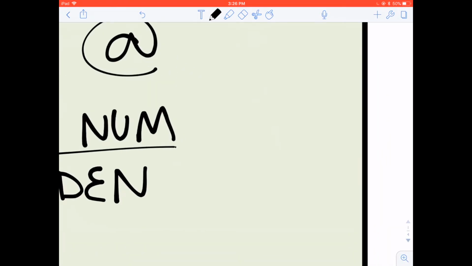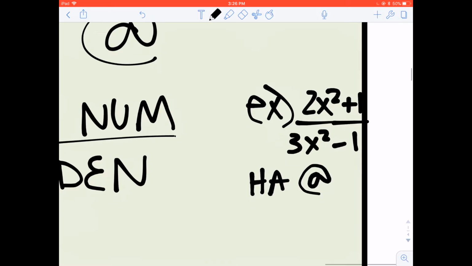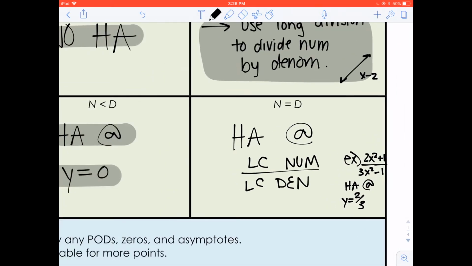As an example, if I had 2x squared plus 1 over 3x squared minus 1, the horizontal asymptote would just be at y equals 2 over 3, because all that is setting the LC over the LC.